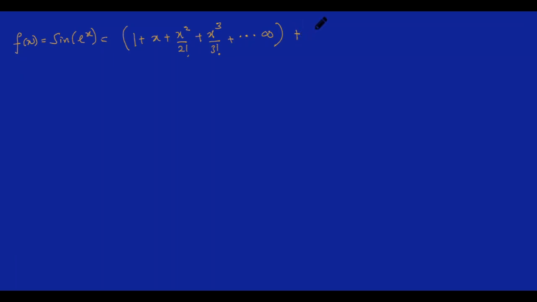Then plus, when you substitute for e raised to the power of 3x, we substitute 3x in place of x: 1 plus 3x plus 3x squared divided by 2 factorial plus 3x raised to the power of 3 divided by 3 factorial plus the rest of the terms till infinity.